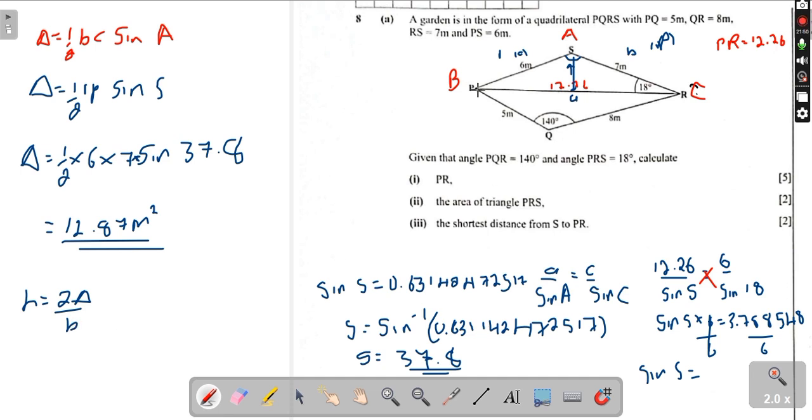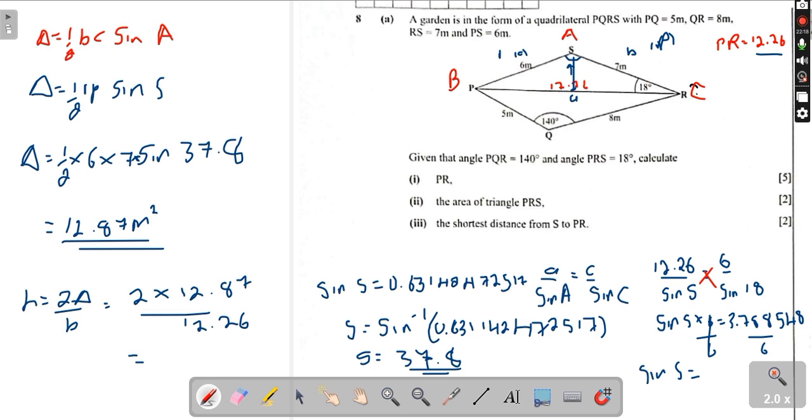The base is PR, which we found to be 12.26.